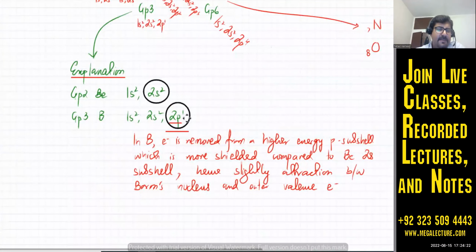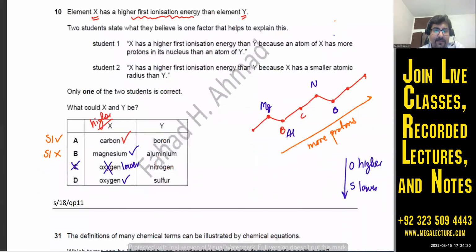So it becomes easier to remove electrons. So protons were not the reason for this. If I go back to the question, magnesium having a higher ionization energy compared to aluminium was not because magnesium had more protons. It actually had fewer protons. So you're clear that student 1 is not correct for option B. Is this clear?